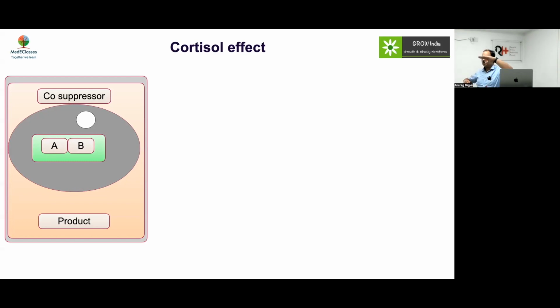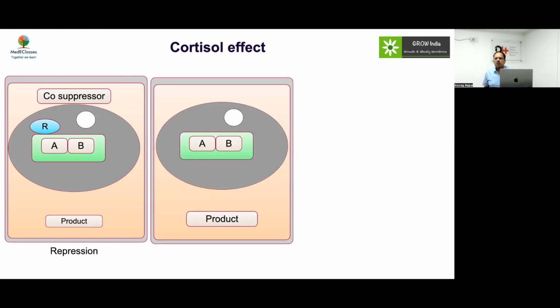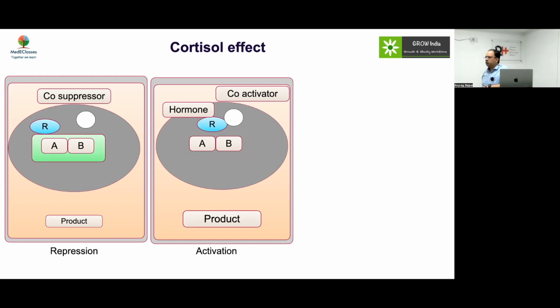There are co-suppressors which are binding and they inhibit the production of their product. As soon as you have the binding of the hormone ligand, these co-suppressors will go out and you will have co-activators which will come into the picture. And these co-activators will then allow the increased production.